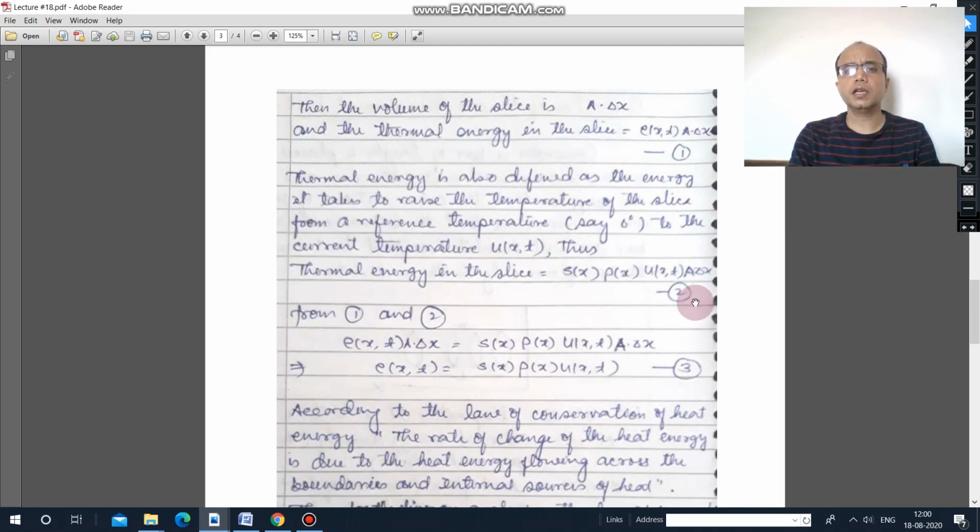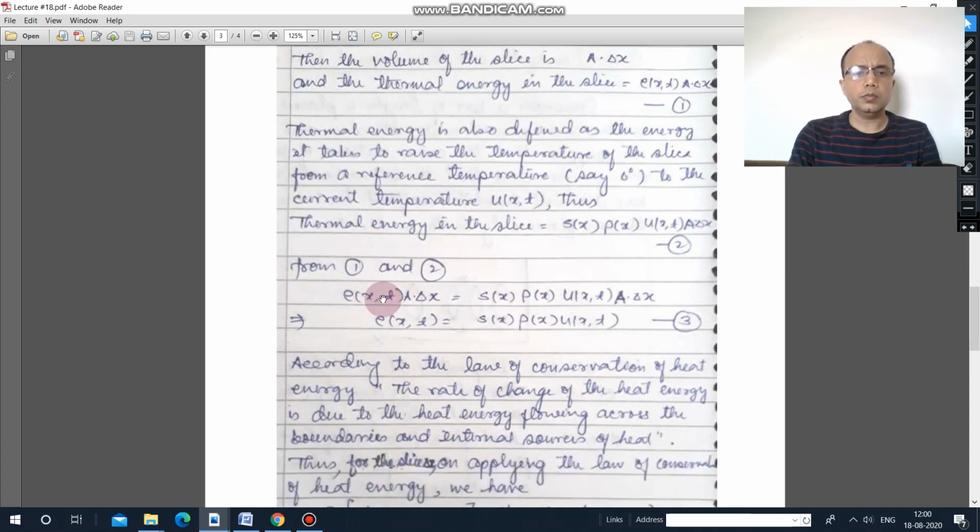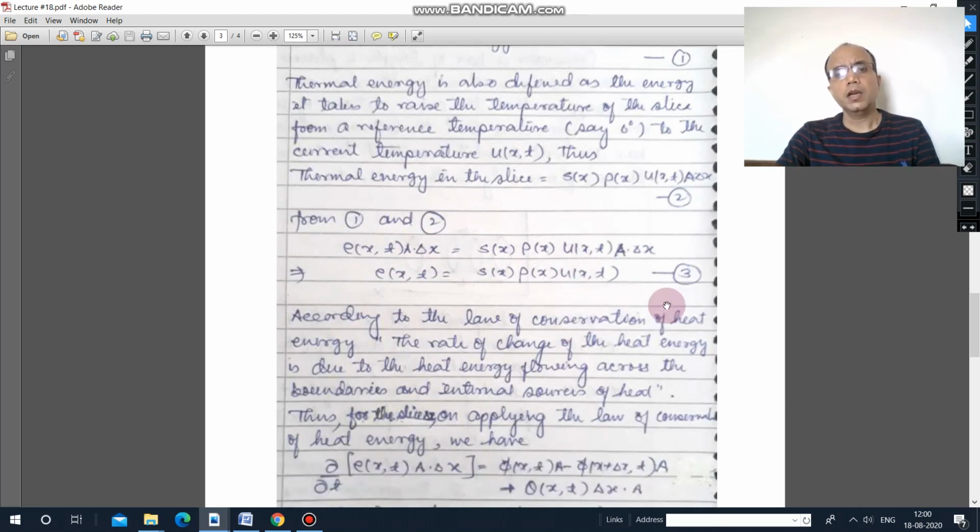Because equation 1 and equation 2 both represent the same thermal energy, you can equate them. Putting the value of thermal energy from equation 1 and equation 2 equal, you will get this equation, and simplifying it, A into delta x will cancel out, so E(x,t) equals c(x) rho(x) u(x,t). Clear?